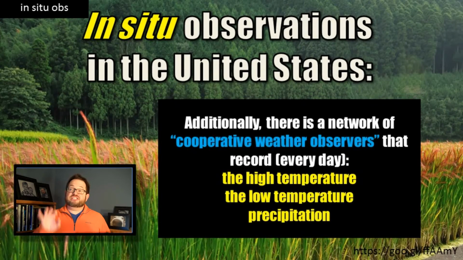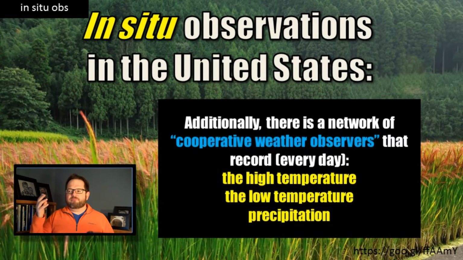Now in the United States, in addition to the network of observations that we get from the National Weather Service and the FAA, there's a whole network of what are called cooperative weather observers. Cooperative weather observers are just people like you and me. They get a little bit of training, like an online one-day class or something, where they read a book or watch a video.